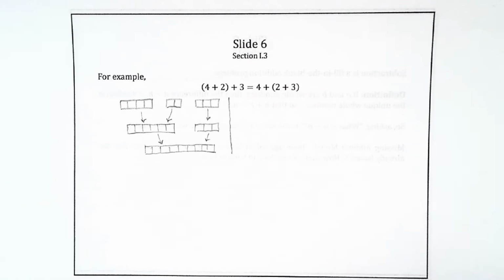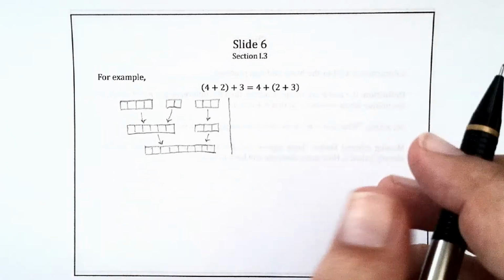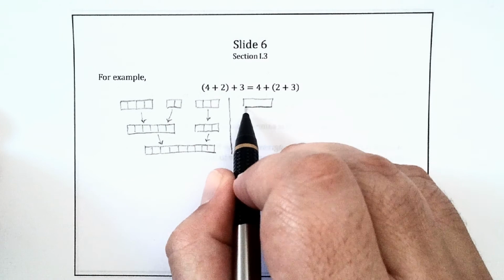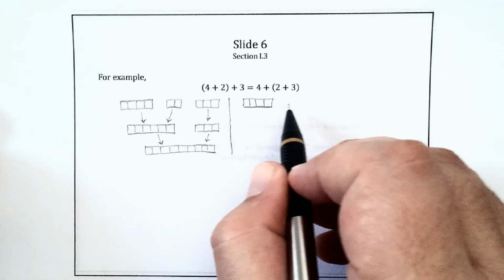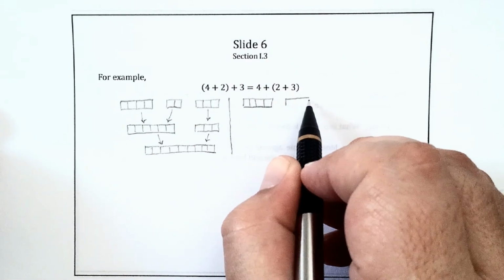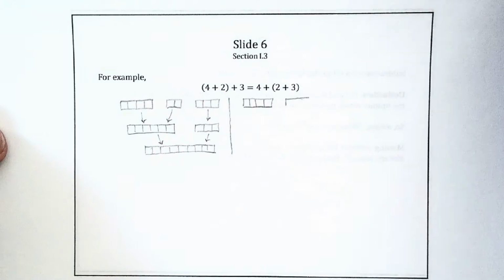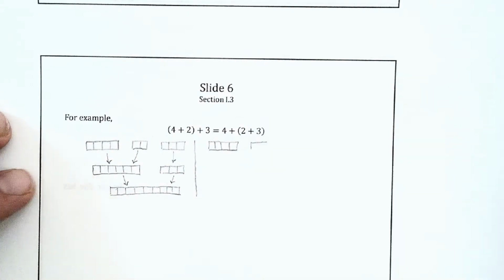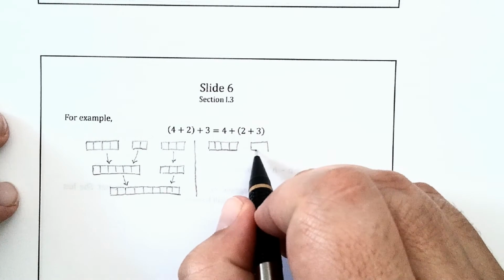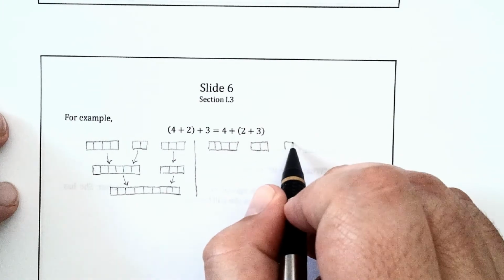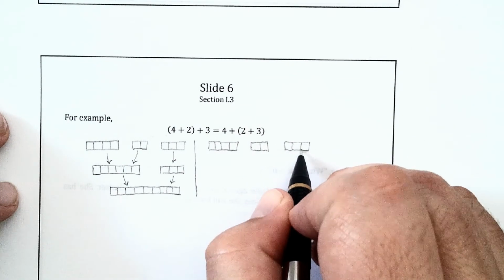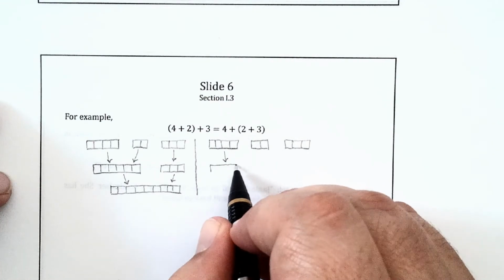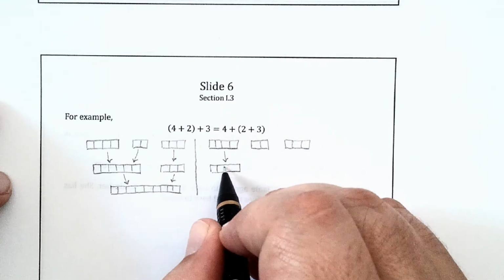Okay, on the other hand, let's do 4 plus 2 plus 3 the other way. I begin the same way. We draw the three numbers side by side. And 4 is going to just be retained for the time being.